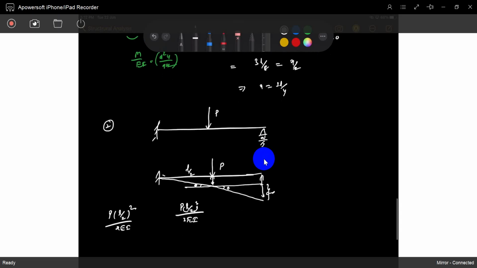So what is this value? That is 1 and 2. The first is PL cube by 3EI, with L by 2.